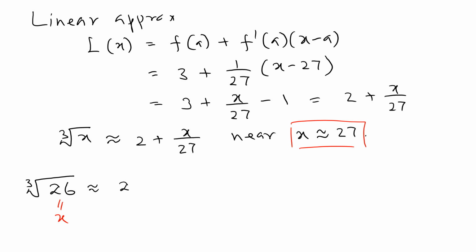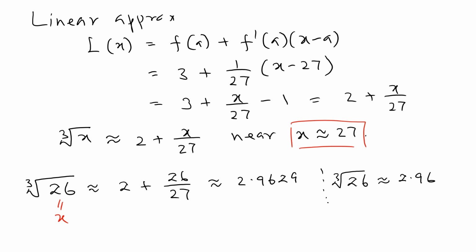So it is 2 plus 26 over 27, and if you simplify, you get 2.9629. As before, you can find the actual value from a calculator, and you get 2.9624. You can see they're amazingly close to each other. Only the fourth decimal place is different.